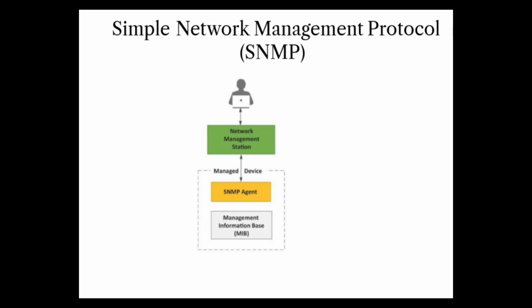The next character is the worker, the SNMP agent. Inside the greenhouse, we have the SNMP agent. Think of this agent as a very literal-minded worker. They don't make decisions. They only do exactly what the boss's note says: go to the cabinet, get the info, and send it back.